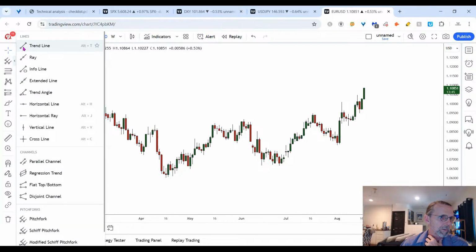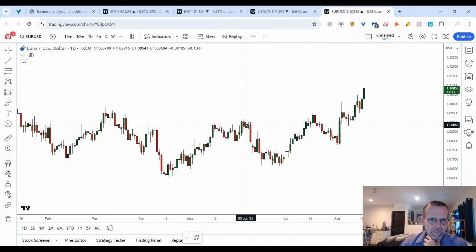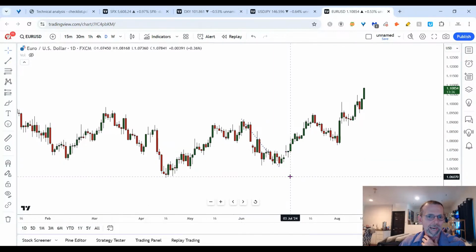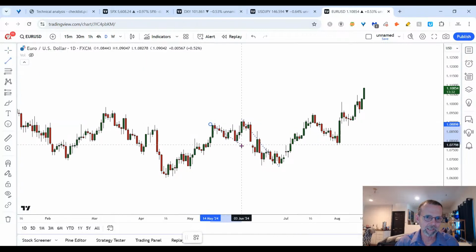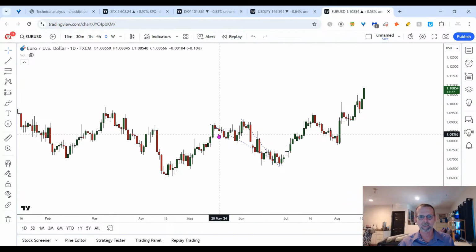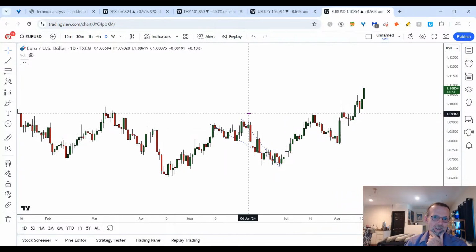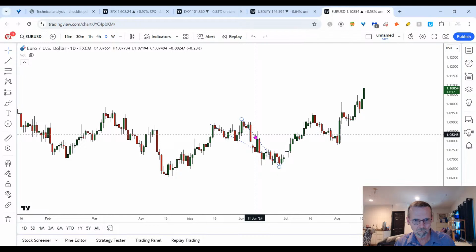As I was pointing out earlier, the first thing that caught my eye was this pullback, but then I noticed that really we could look at that whole movement as a pullback. And so we've got 2 choices for a pivot point for our Andrews pitchfork, that one and that one. And again, nothing wrong with looking at both of them.